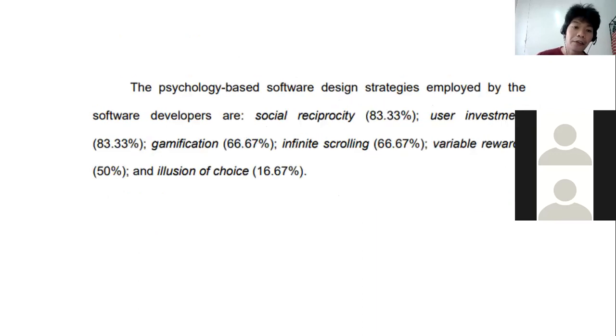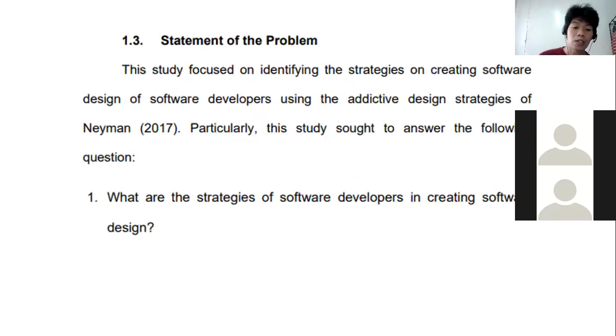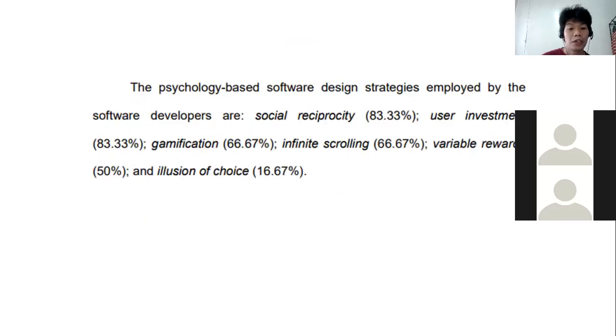So in your summary of findings, this is how you're going to write or construct. Since the question is, what are the strategies of software developers in creating software design? So you need to answer, what are those strategies? So here's one.